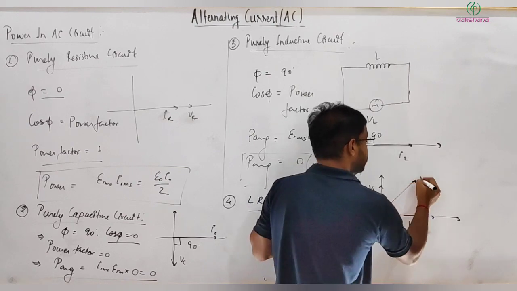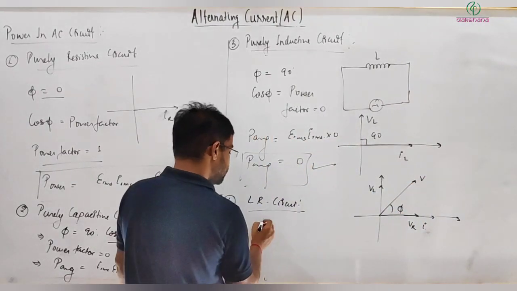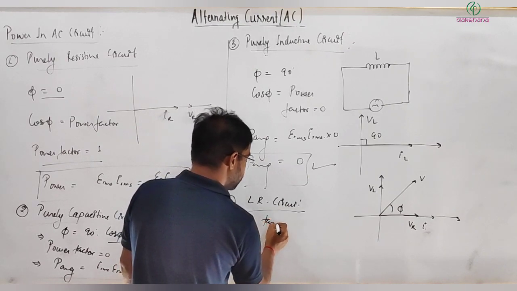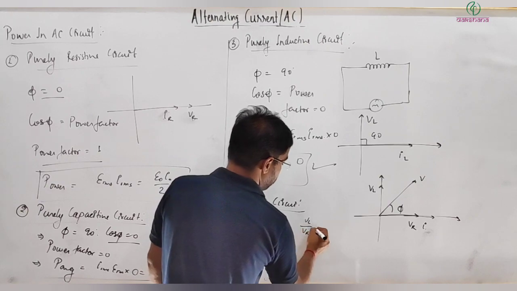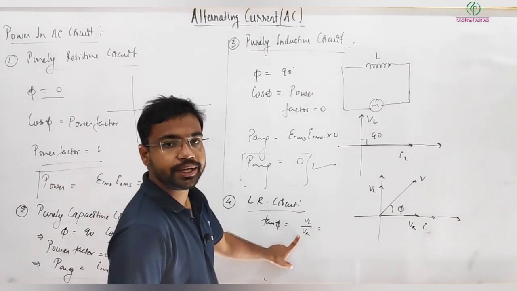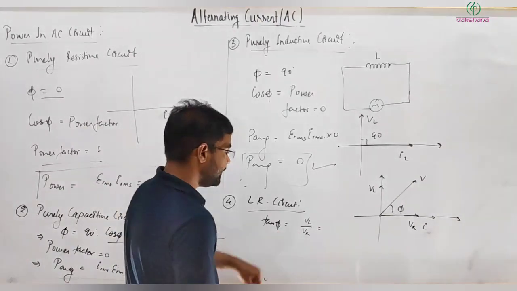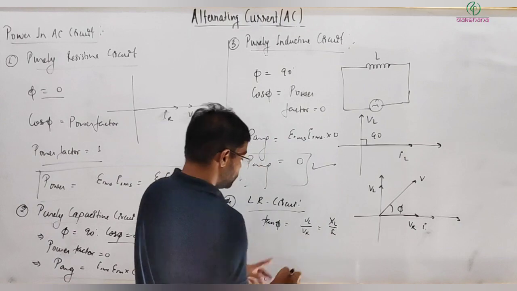We know V is the net voltage given by this, and there is a phase angle phi. In that situation we calculated tan phi equal to VL divided by VR. VL we write as I into XL, VR as I into R, and I gets cancelled, so it comes XL by R. So this is tan phi.